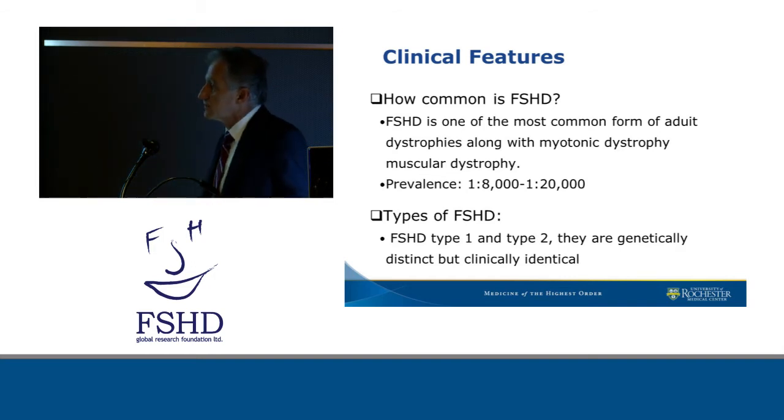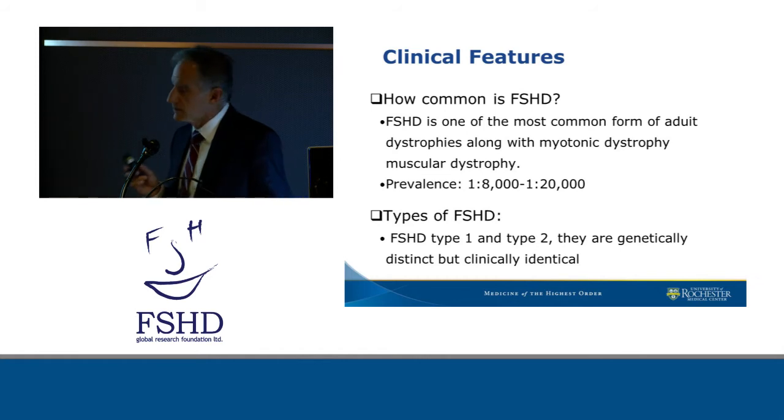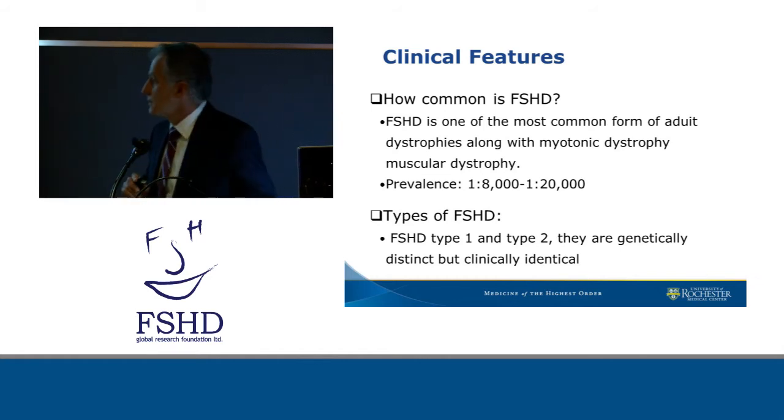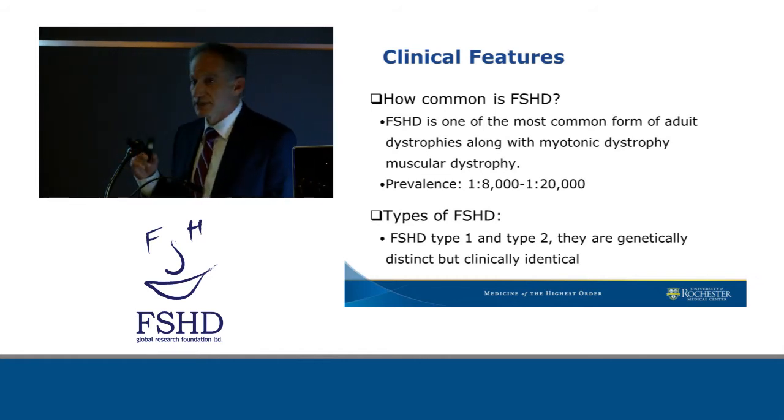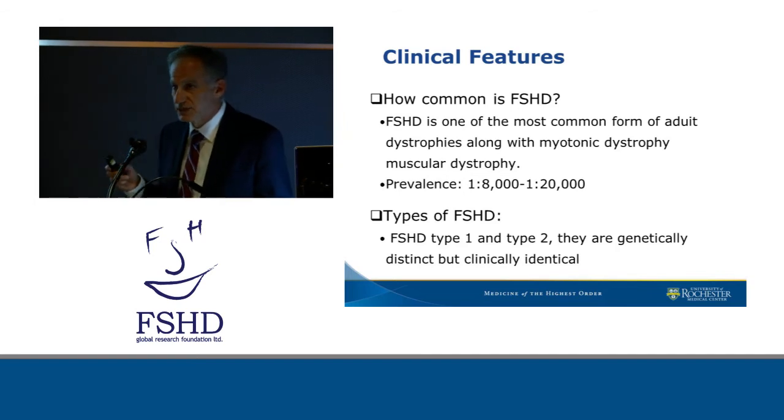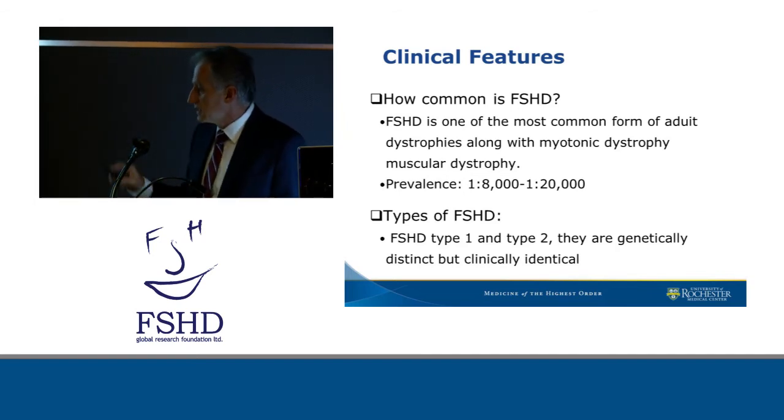There are two types of FSHD that are genetically distinct, but as far as we know, they're clinically inseparable. You can't tell somebody with FSHD1 from somebody with FSHD2. That's why, if somebody looks like they have FSHD clinically and has negative testing for FSHD type 1, the next step should be testing them for FSHD type 2.